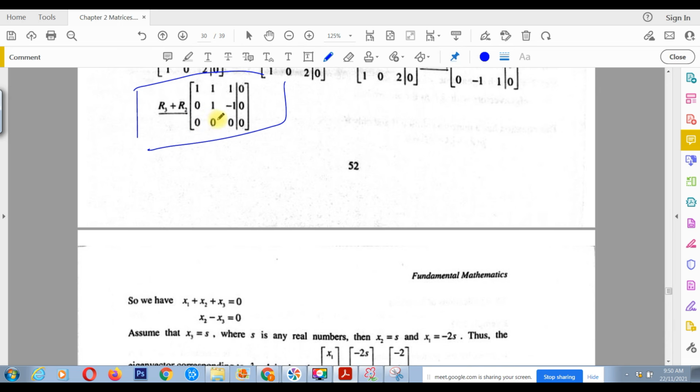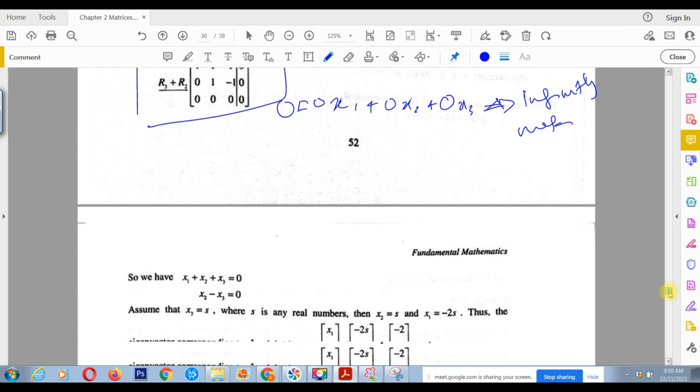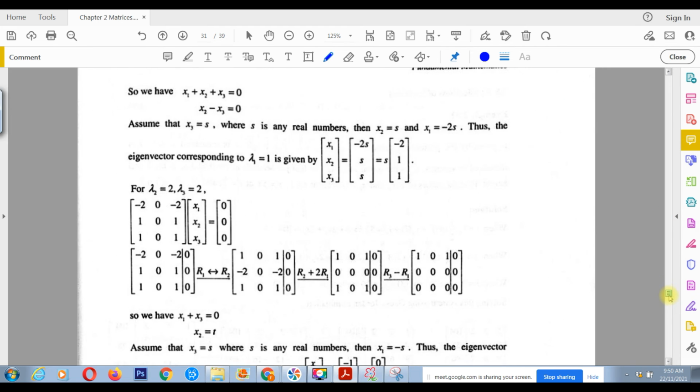So we know that there is 0 0 0 equals to 0, meaning 0x1 plus 0x2 plus 0x3 equals 0, so it can be infinitely many solutions.